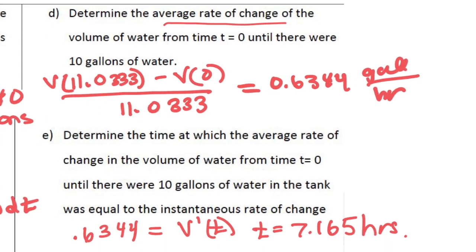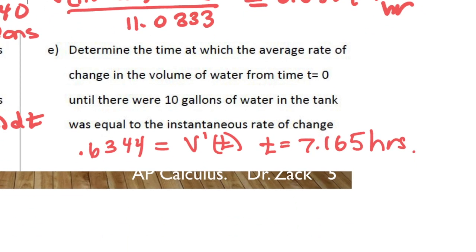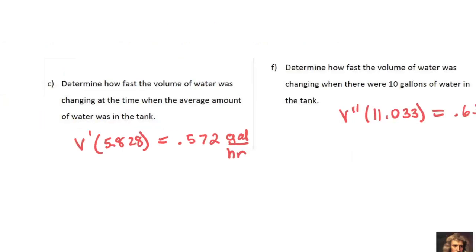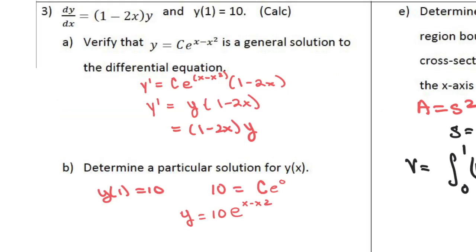So that is slope of a secant line once again. And then for question E, we want to know when the slope of the secant line is equal to your derivative. And our last two questions, we're looking for the derivative at 5.828 and the second derivative. Just read carefully to figure out which one you're being asked for.